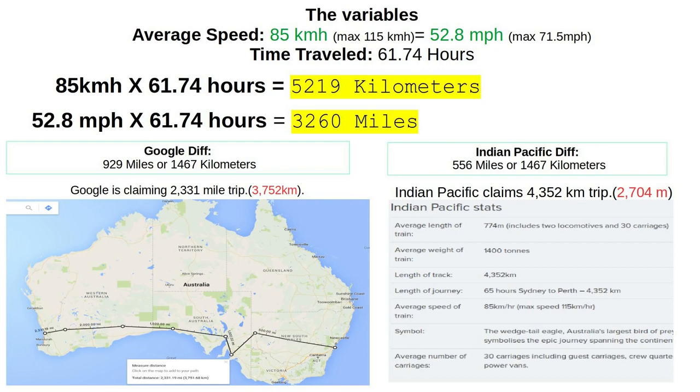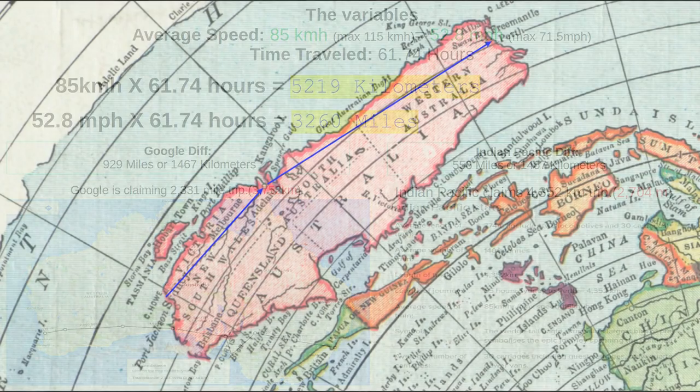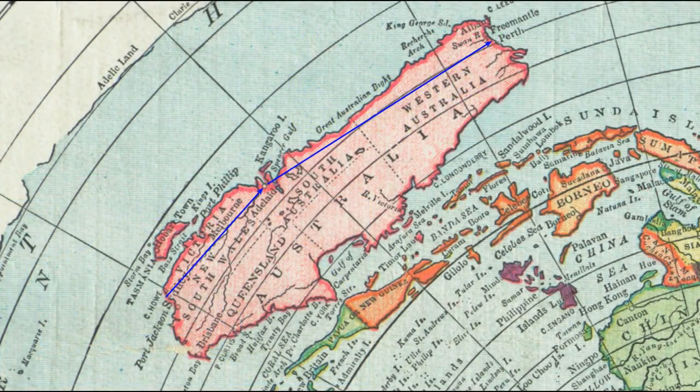That's what that is. So if anyone can add to this, please add to the comments or contact me through the Google Mail. But I'm fairly confident at this point that Australia is much bigger than it looks on the globe map or the Mercator.